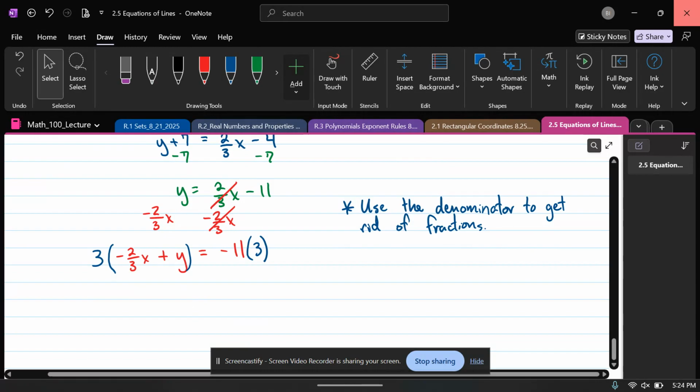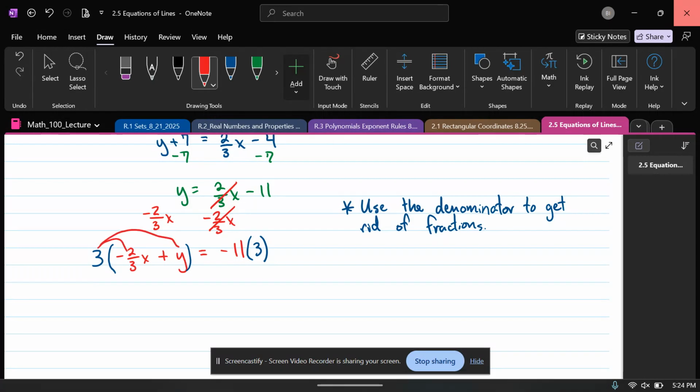Okay, so 3 times everything in the parentheses here. 3 times negative 2/3 is going to be negative 2x. 3 times y is 3y. And then 3 times negative 11, negative 33. I don't know why I wrote that like a first grader, but fix it.